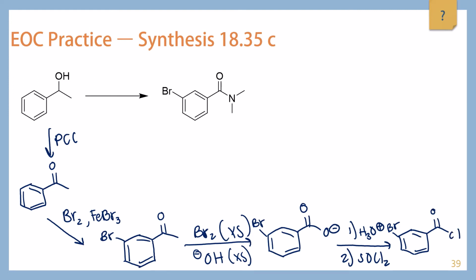And then if you added in an excess of diethylamine, you could get to the product because it would substitute on the acyl chloride, and the excess would just be to deprotonate your intermediate there. There are several different ways that you could do this, so we could backtrack. That's one option.